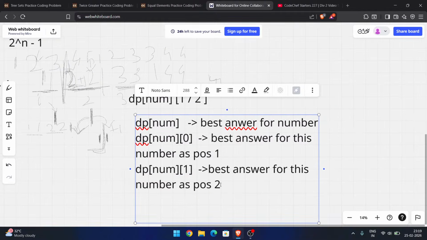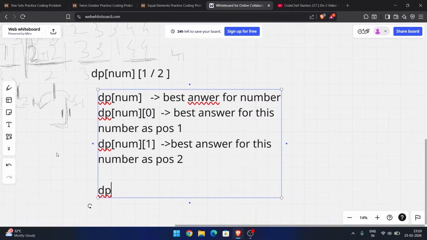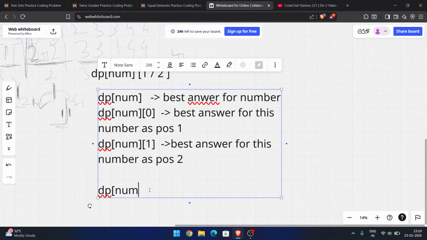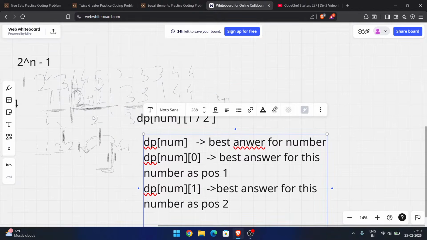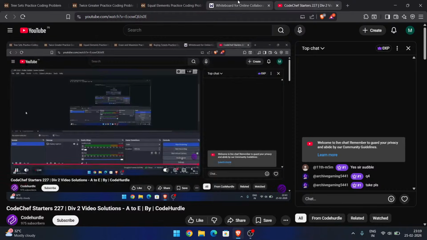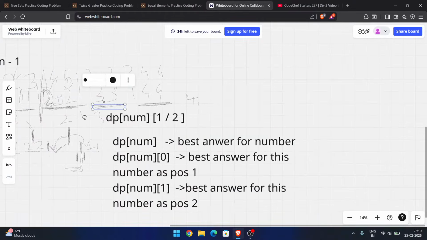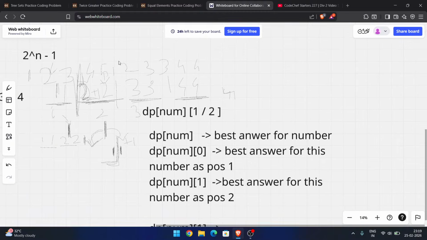So how would the transition work? If I choose to put this 3 in the first position, I can take whatever maximum I have already created, because I don't care what the previous number was, since this is the beginning.